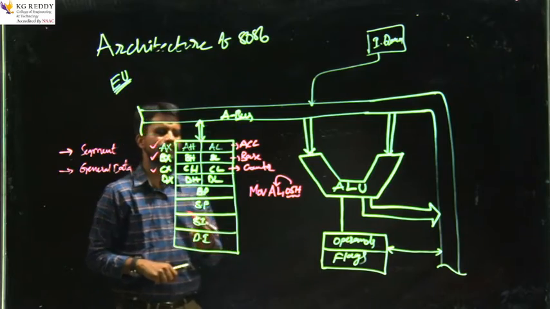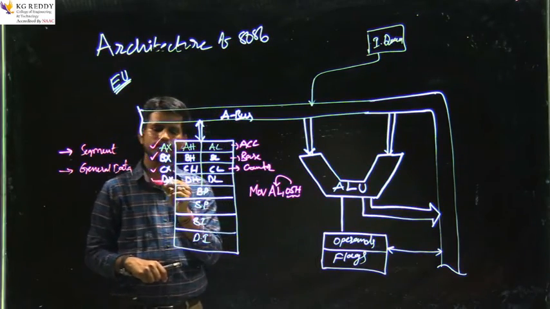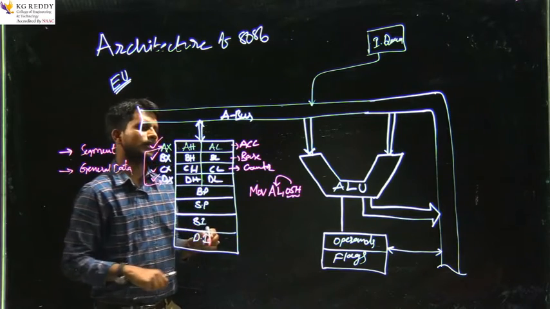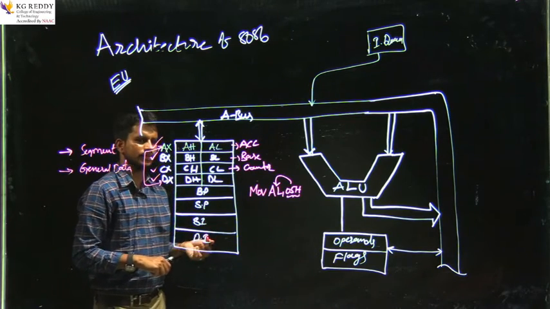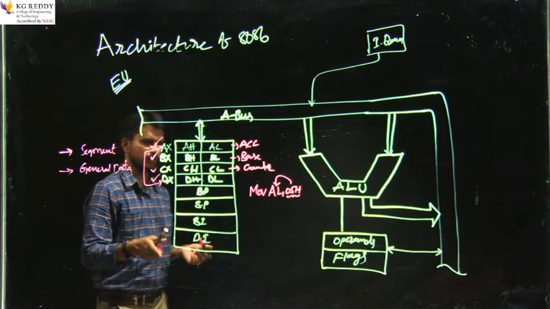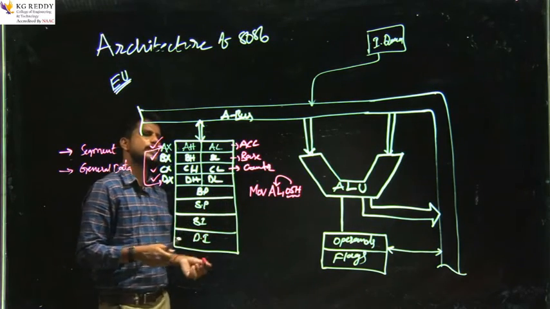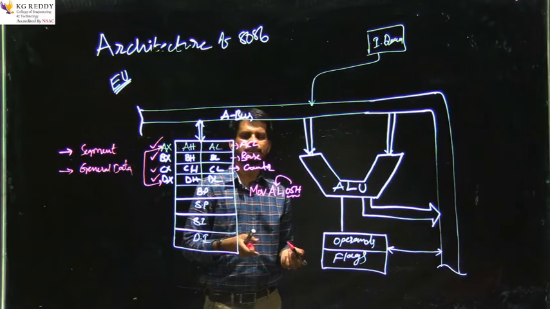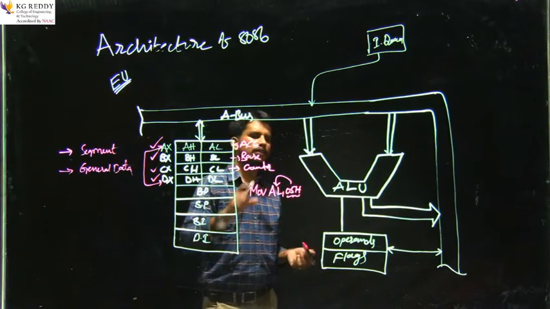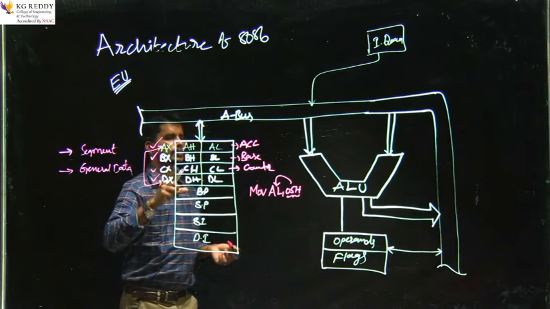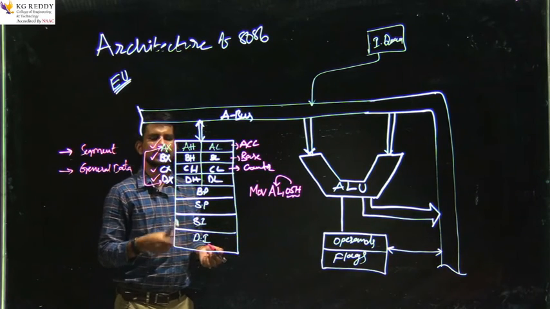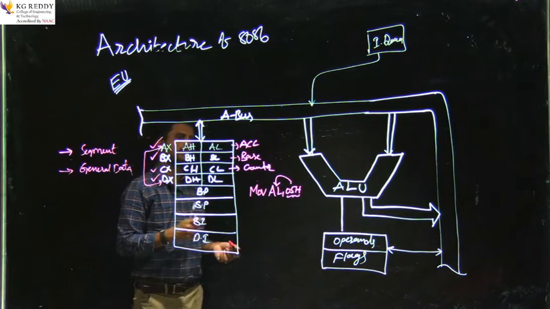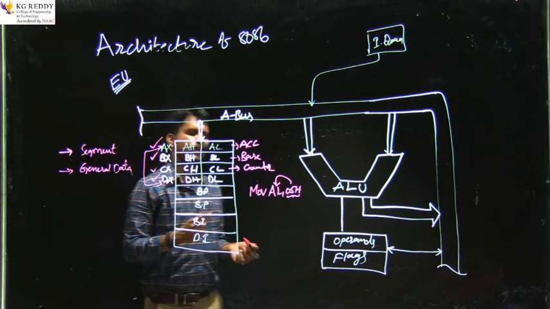And finally, the DX register is simply the data register along with AX. In support of AX, it stores higher order bytes whenever an overflow occurs, because AX can hold a maximum of 16-bit data. If you are performing a 16-bit multiplication, multiplying 16-bit by 16-bit, definitely the resultant data must be more than 16-bit size. If you are using only one resultant register, it can store only 16 bits.